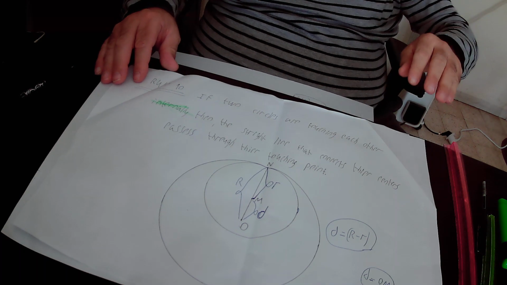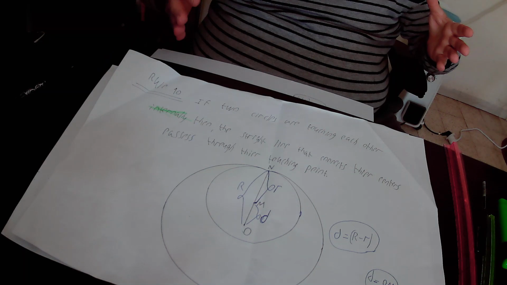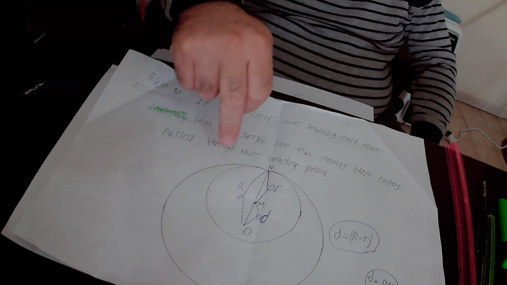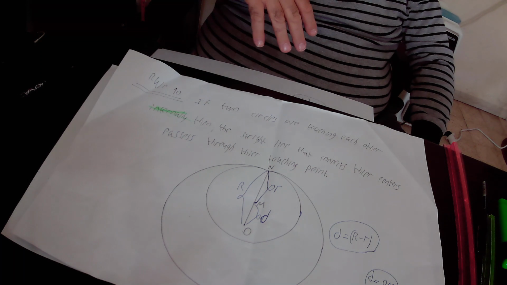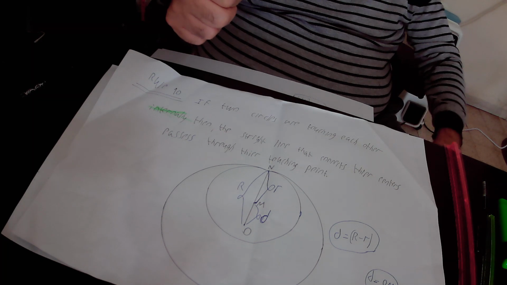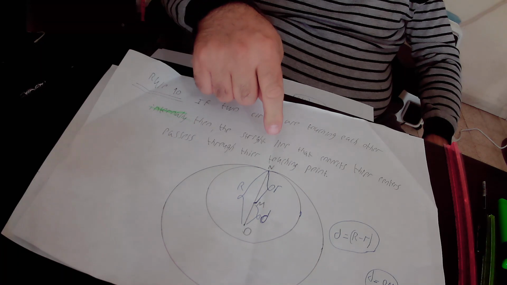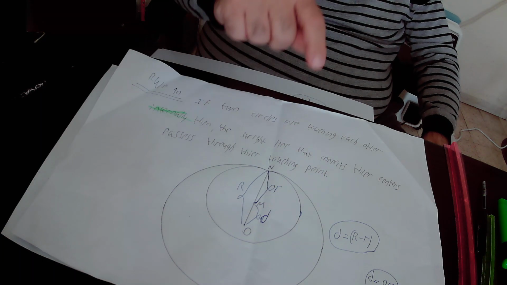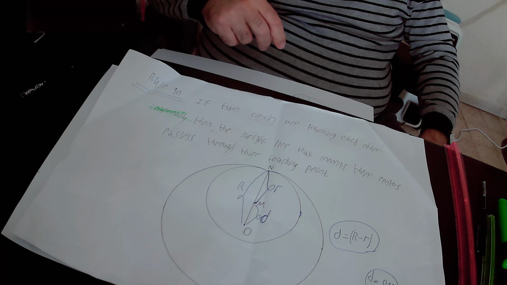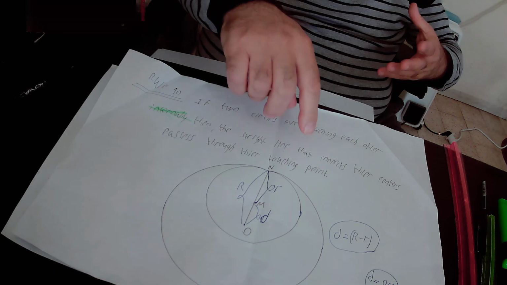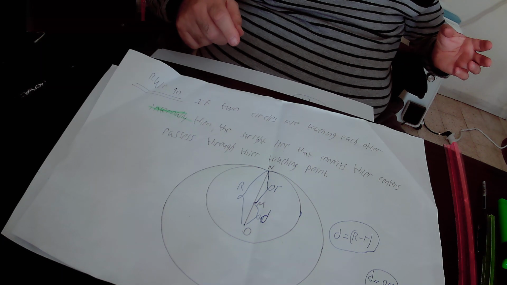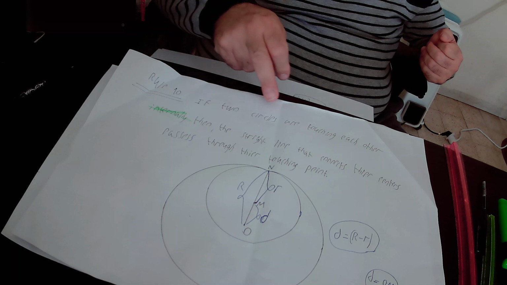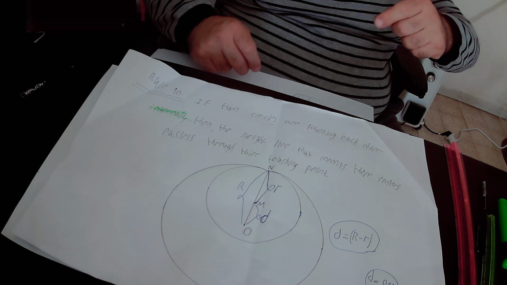According to rule number 10, if 2 circles are touching each other internally, because the small circle is located inside the big circle, we can say that they have an internal knot between them at point N, or they are touching each other internally at point N. So we have here an internal knot between 2 circles, and according to rule number 10, the straight line that connects their centers together is OM.